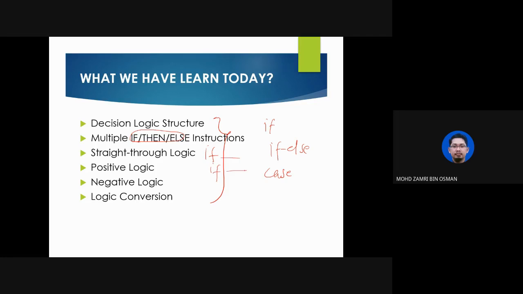Then we have a positive logic and a negative logic, and this reflects the symbol of the operator, like this one. You change it to something like this, okay? And then the logic conversion, how you can convert from the positive to the negative logic structure, right?